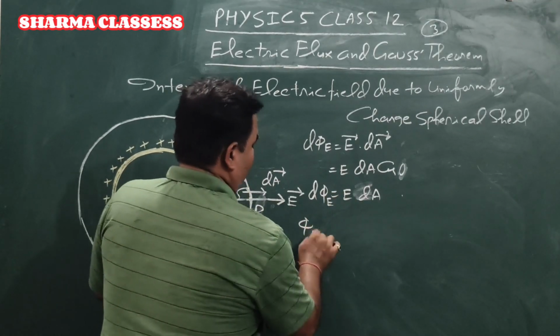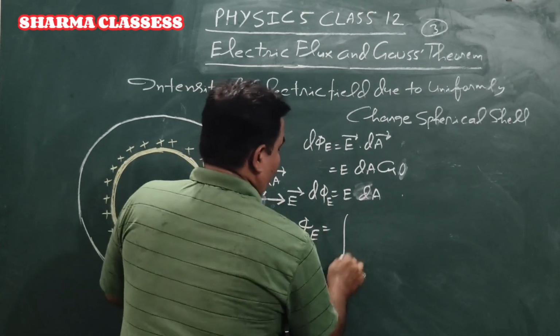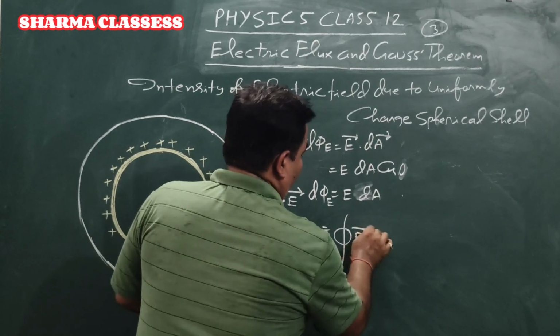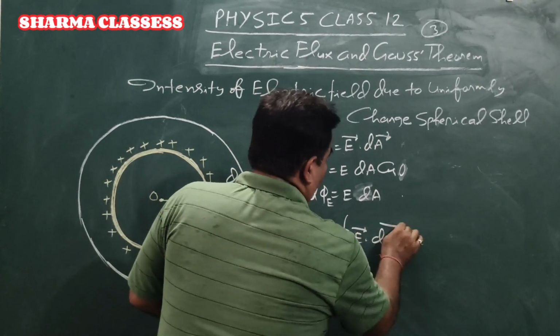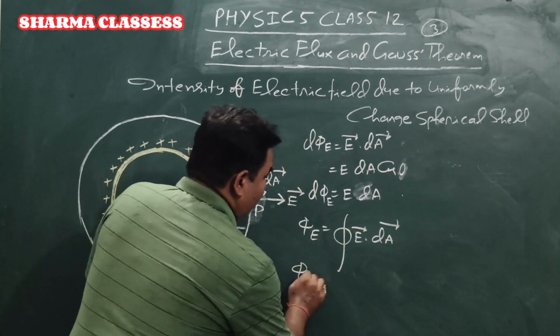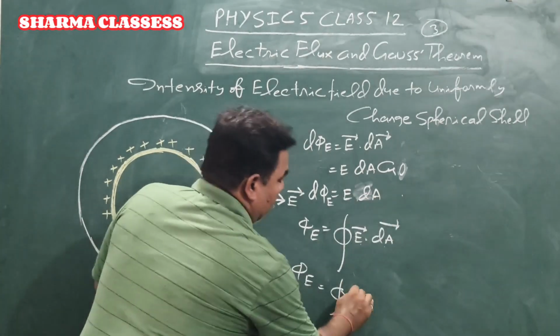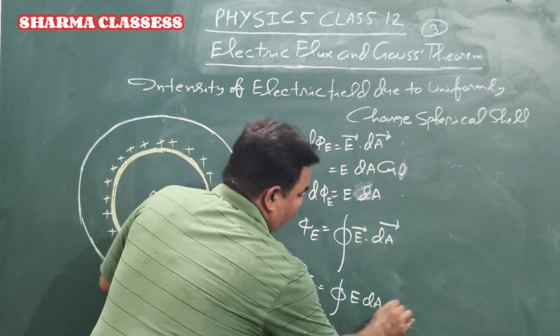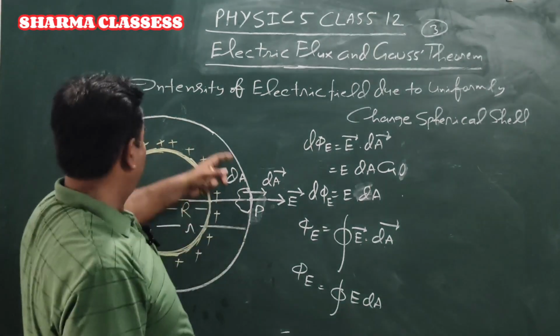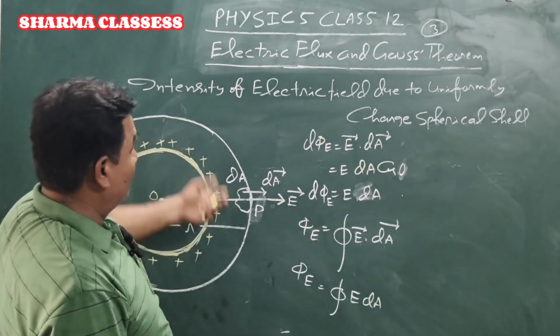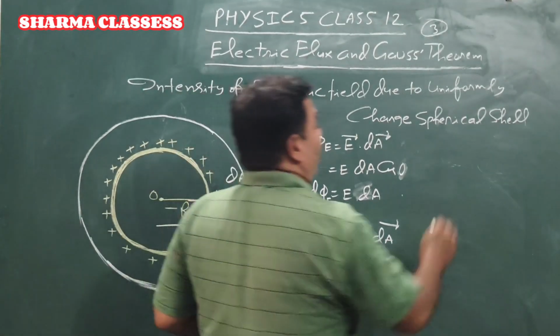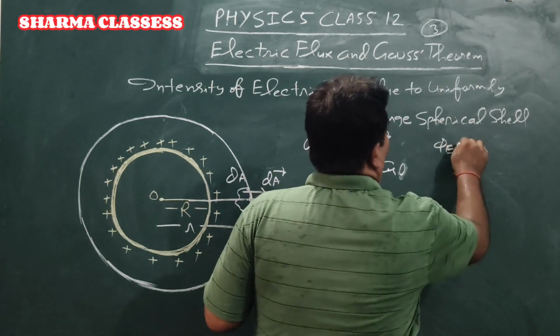Now the electric flux through the whole area, phi, is the integration of E dot dA. So phi is equal to the integration of E dA, and we know that the electric flux through a closed surface by the Gauss theorem is phi equal to Q upon epsilon naught.